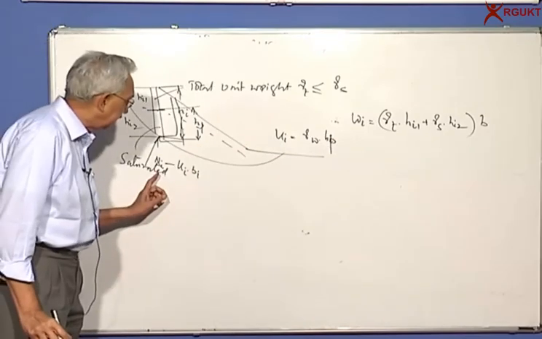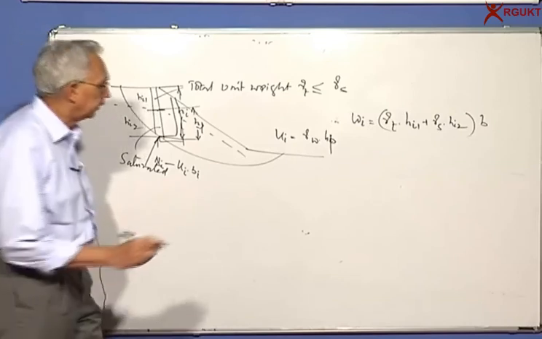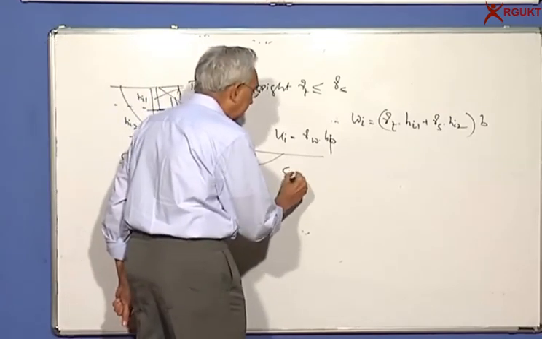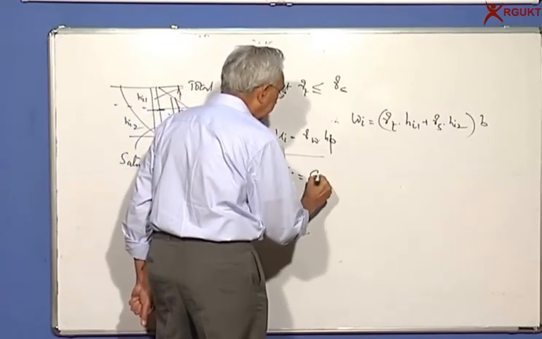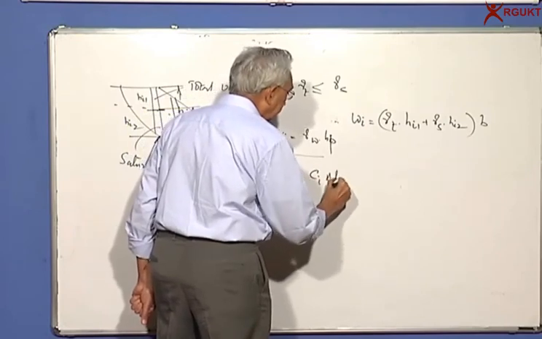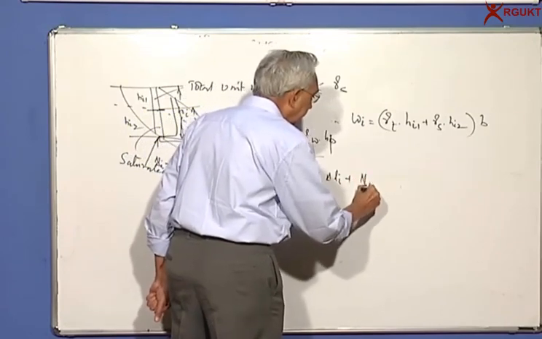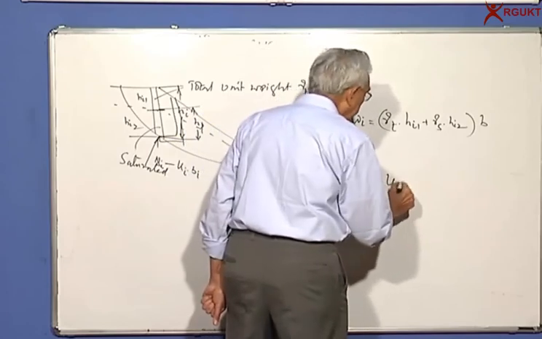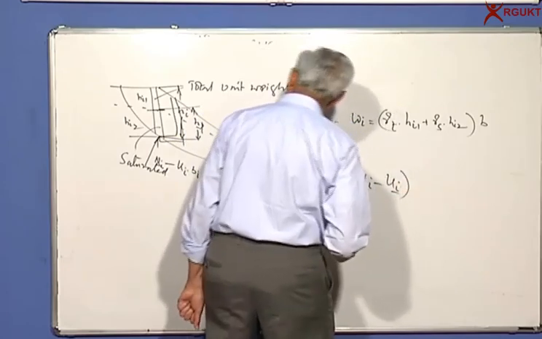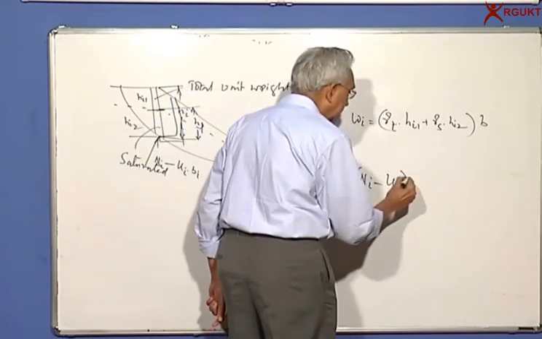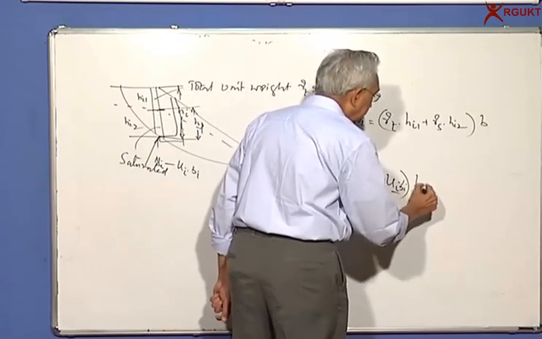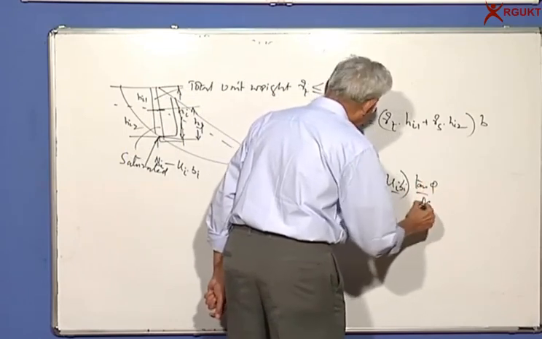And once I find out the effective normal force, this is how we find out Si is equal to Ci into delta Li plus Ni minus Ui, this is the pore pressure, into Bi, of course, and tan phi by factor of safety.